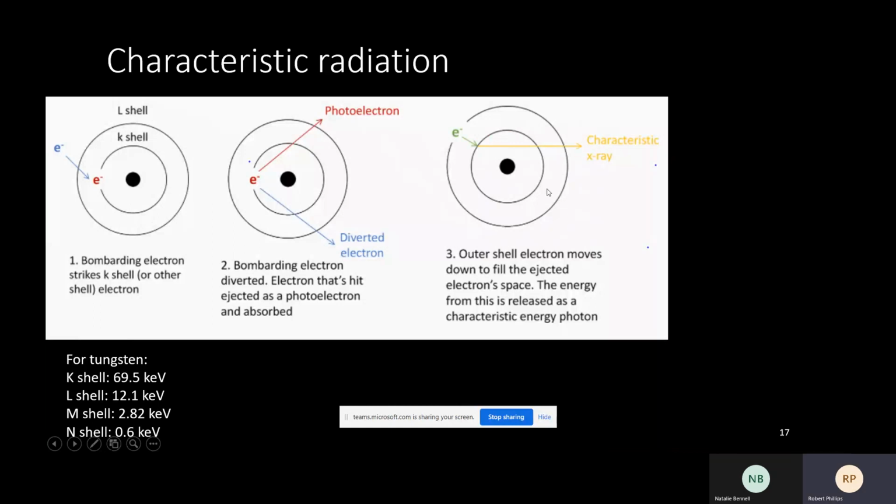The energy of this characteristic X-ray will be the difference between the K shell and L shell, so 69.5 minus 12.1. So the energy of this characteristic X-ray depends upon the binding energy of electrons, and binding energy of electrons is different for different metals and materials. So it is characteristic for that particular metal. That is why it's called characteristic X-ray.